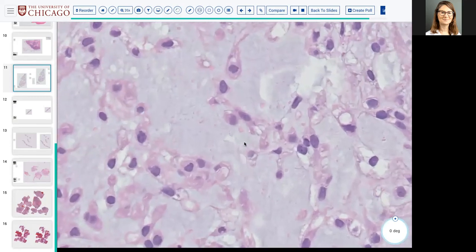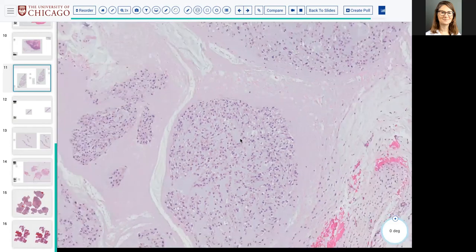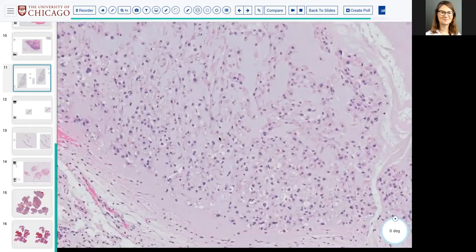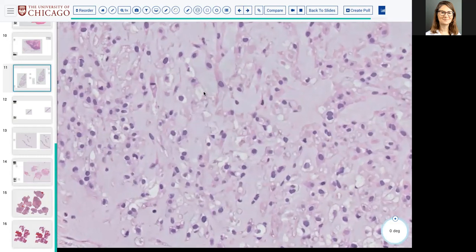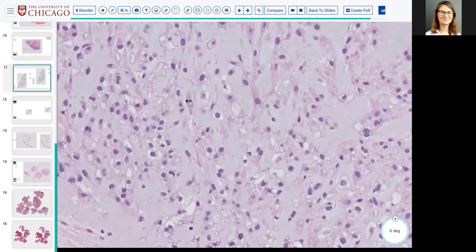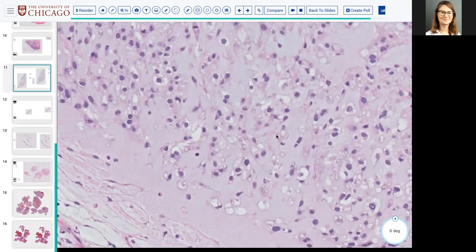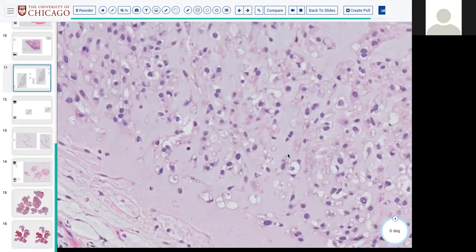So what would that make you think of? Oh, there's a mitotic figure. Myxoid liposarcoma.